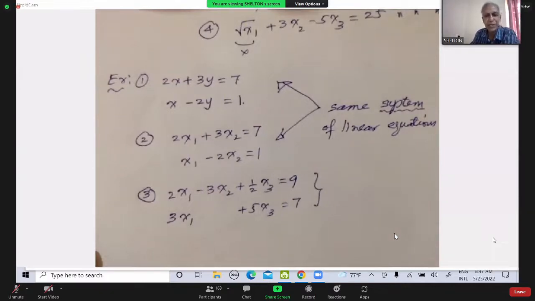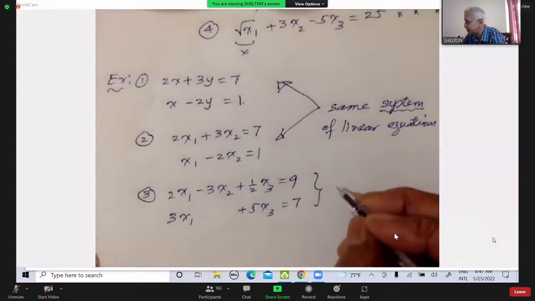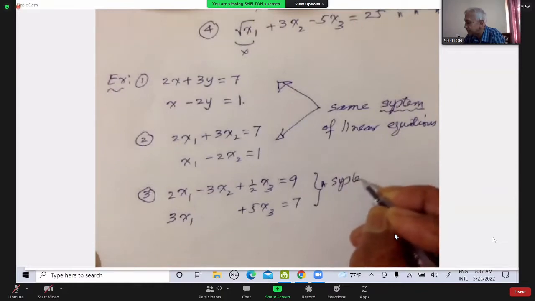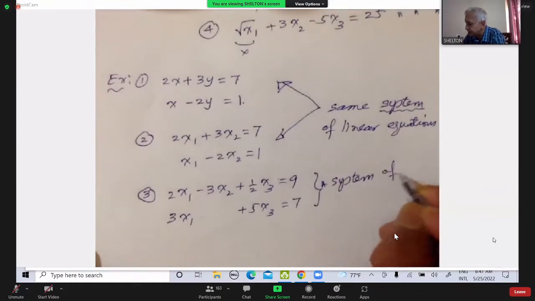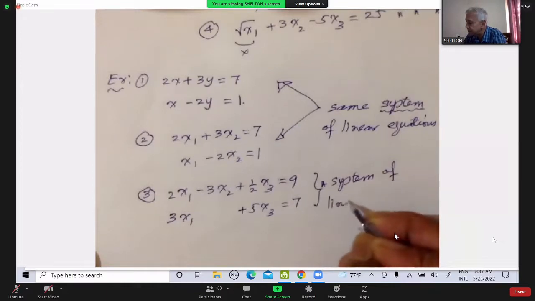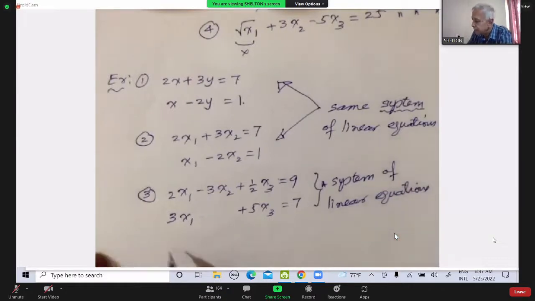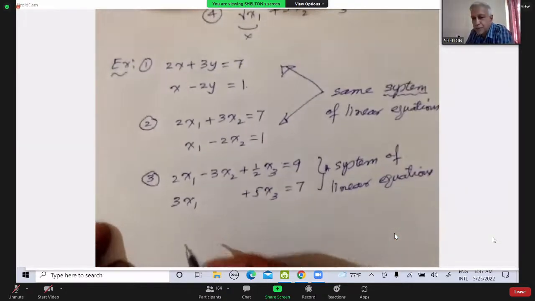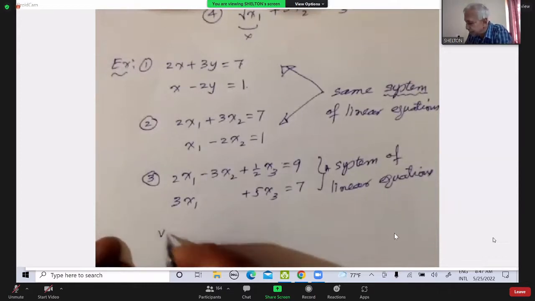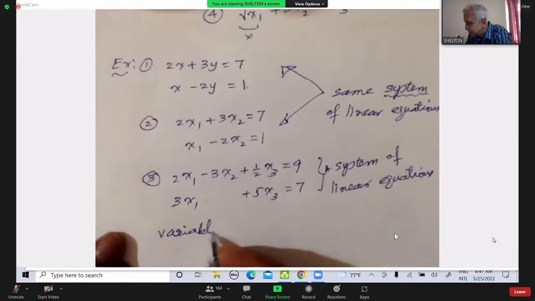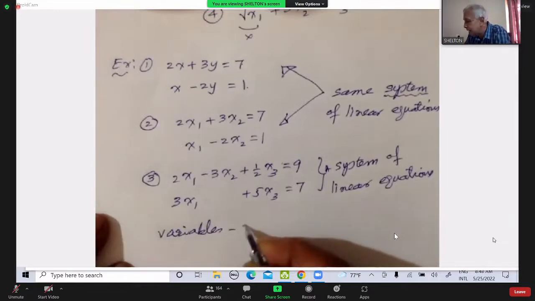2 equations in how many unknowns? 3 unknowns. This is also a system of linear equations. Variables are also called unknowns.